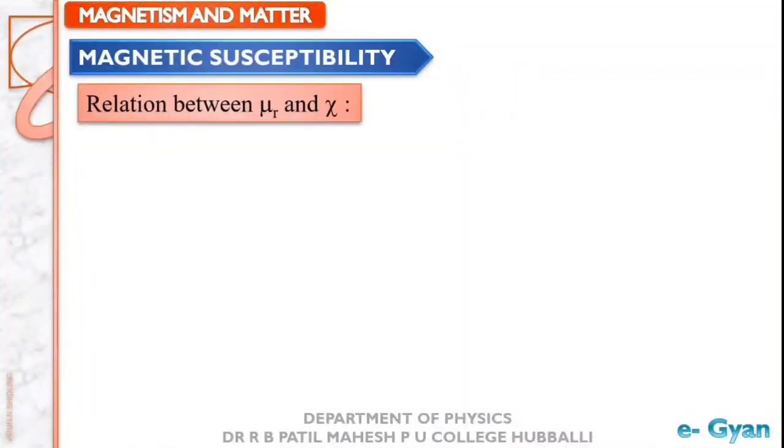Now let us derive a relationship between mu r and chi.